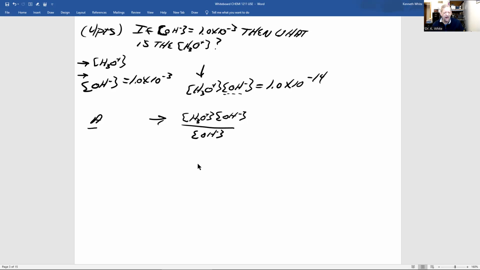Because anything divided by itself equals the number 1. Whatever you do to one side, you have to do to the other. And if this cancels out, what do you write there? Your turn.